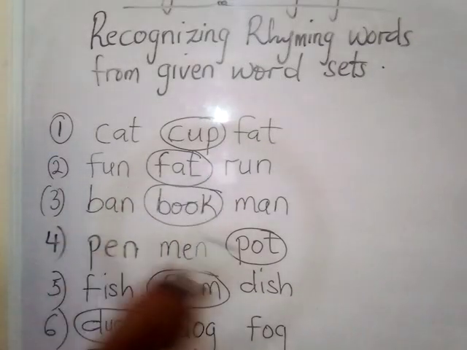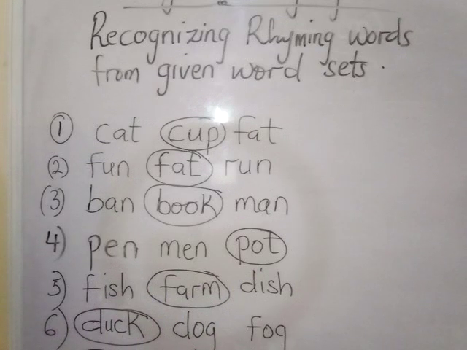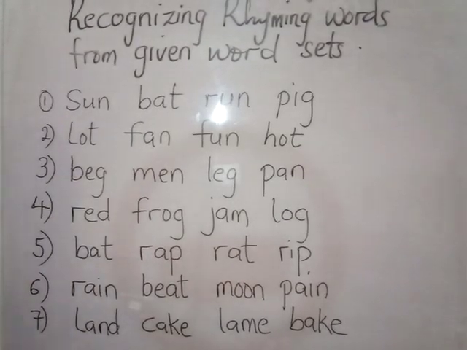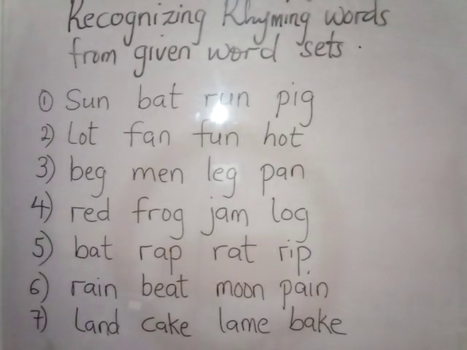Okay, I hope this is clear and we are getting a clearer and better understanding of rhyming words. So we're going to consider another set of words to further deepen our understanding of rhyming words and to help improve our skills of identifying them when we come across them in writings.